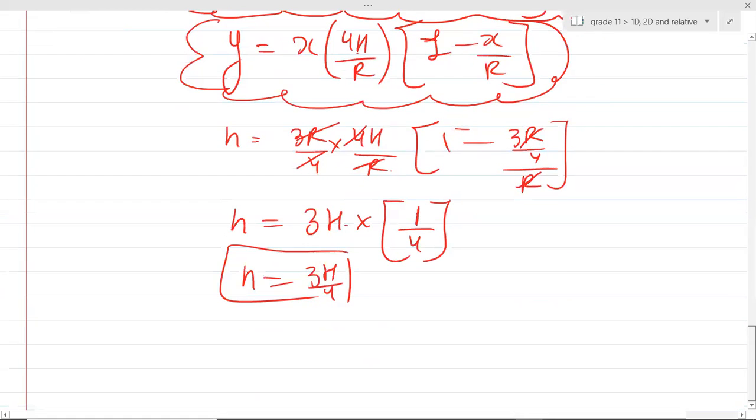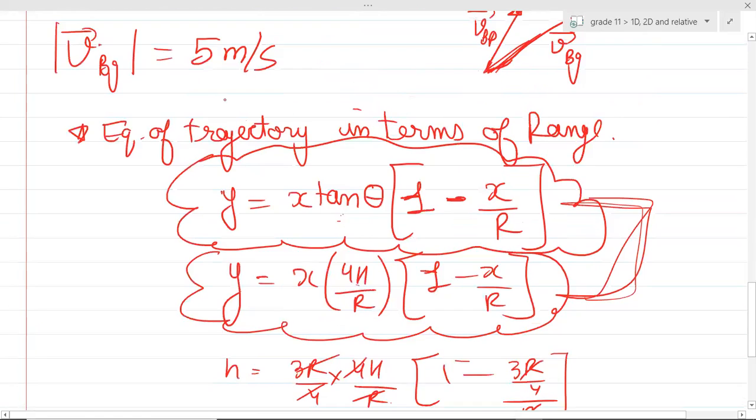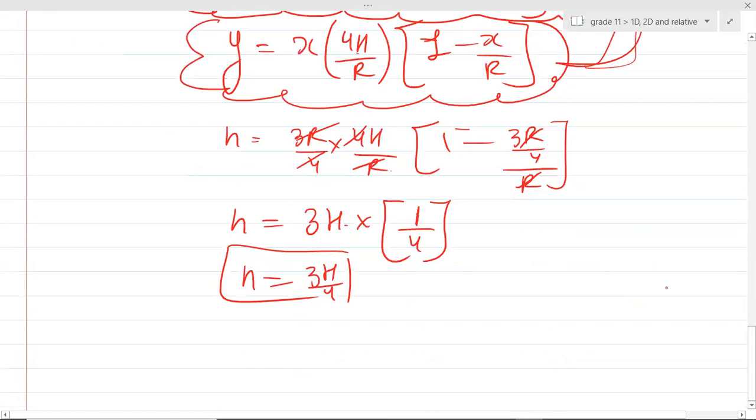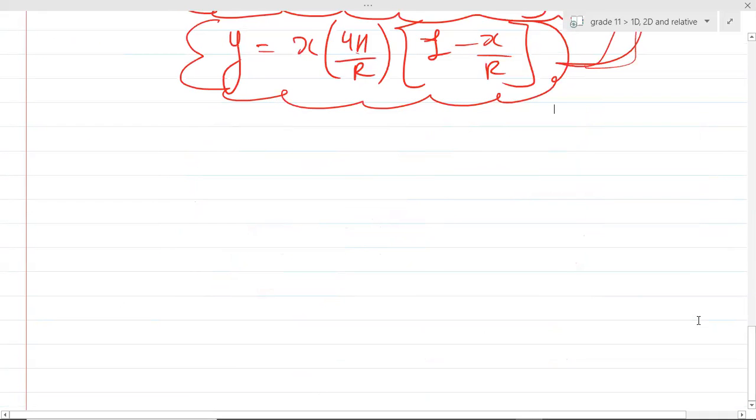Only these two formulas, just note these two formulas down. Equation of trajectory in terms of range and maximum height. You can note these two formulas and that will be your final answer. I was just confirming whether what we did was correct or not with the help of this formula.